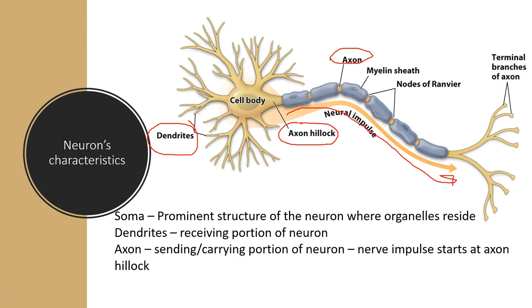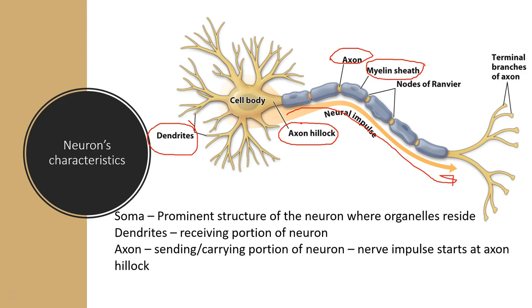Because the signal is electrical, the axon is covered with fatty insulating material called the myelin sheath. The myelin sheath serves to insulate the nerve impulse, allowing it to move efficiently down the length of the axon.